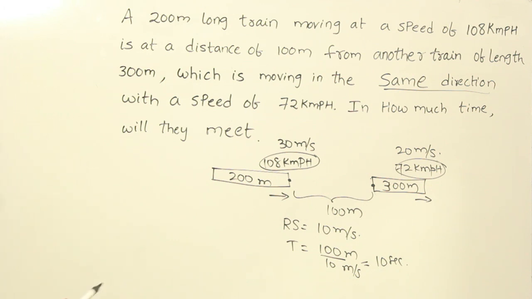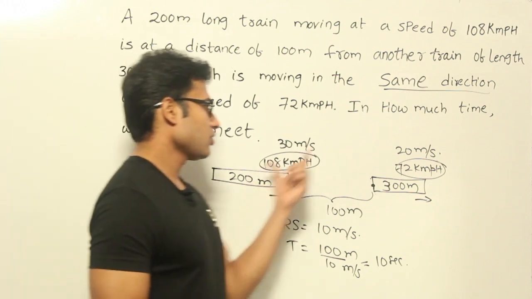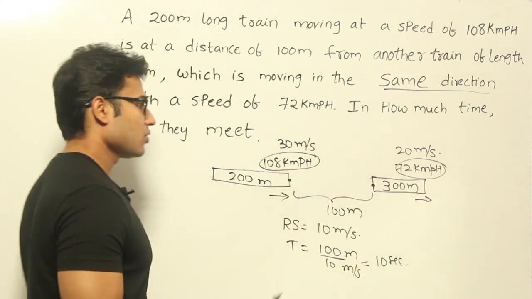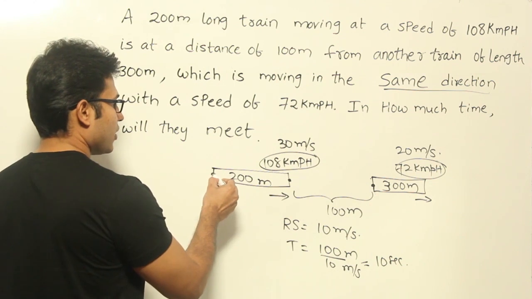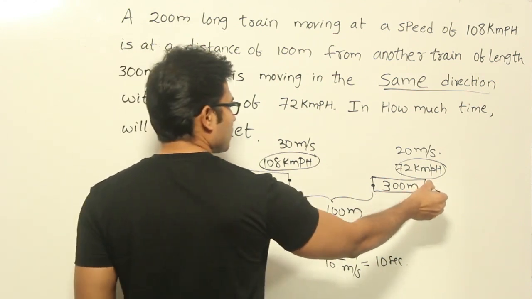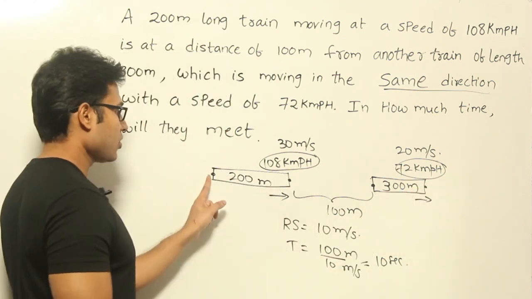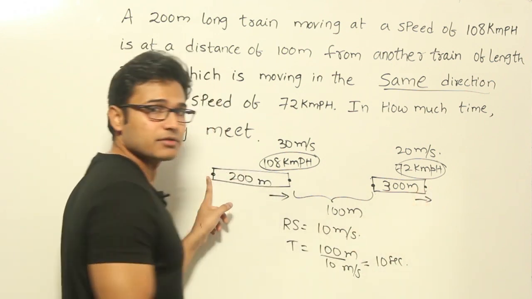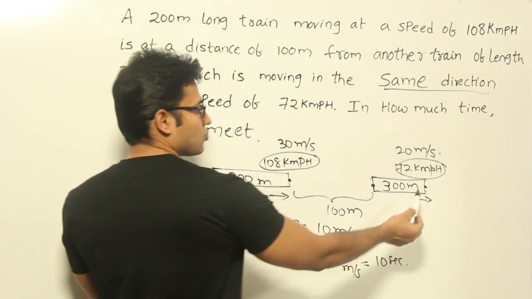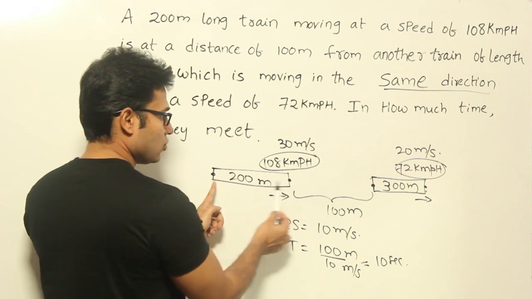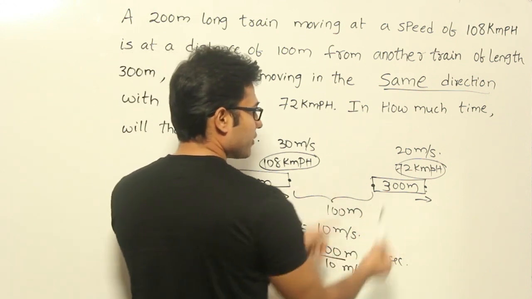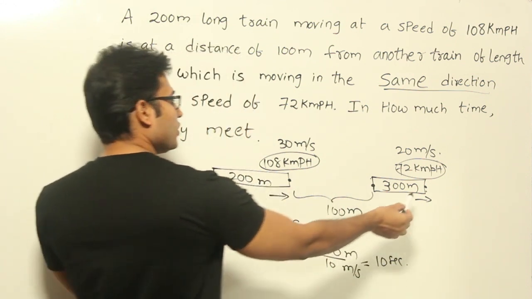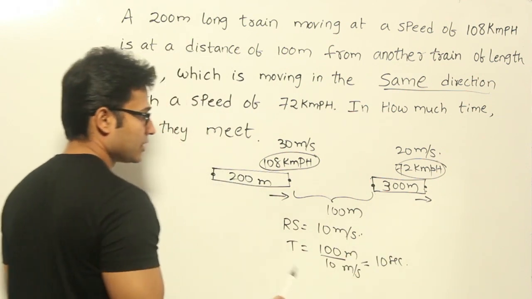Now let us say, in how much time will this train cross that train? Train crossing means this point has to pass through the head, which means this point and this point have to meet each other. If you observe, these 2 points are separated by a distance of 200 plus 100 plus 300, and they are moving with a relative velocity of 10 meters per second.